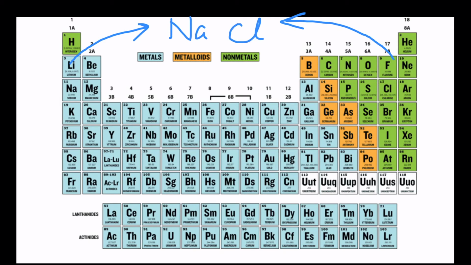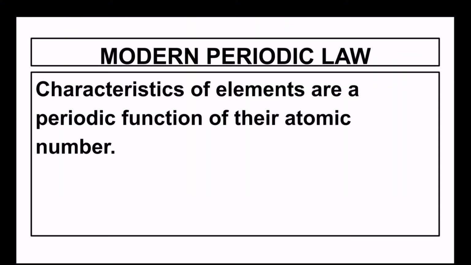If we consider group 2 elements, then they have got 2 valence electrons in their outermost shell. So they want to lose those 2 electrons to attain stability. So they combine with group 16 elements easily. A very good example is CaO or MgO.